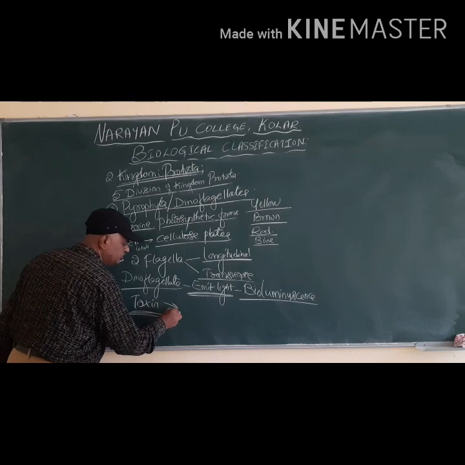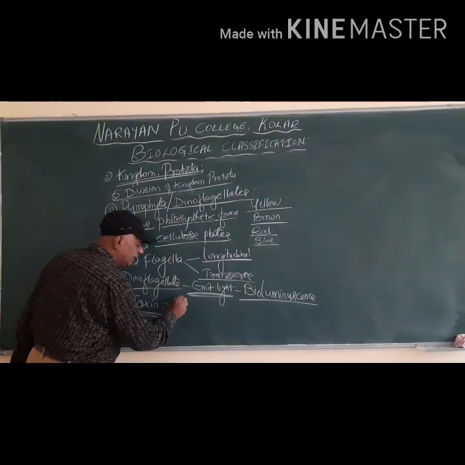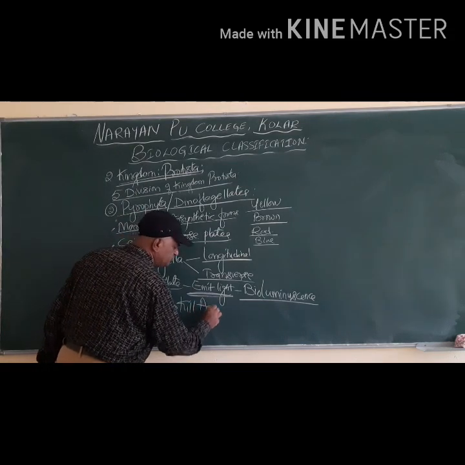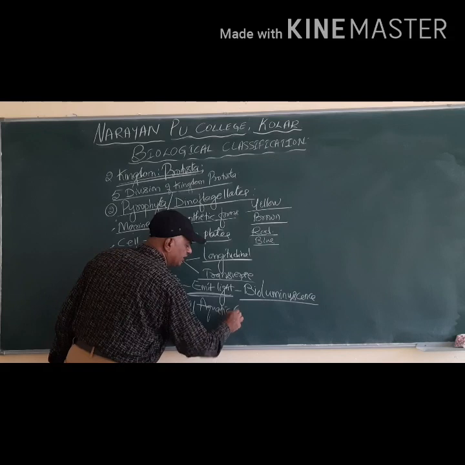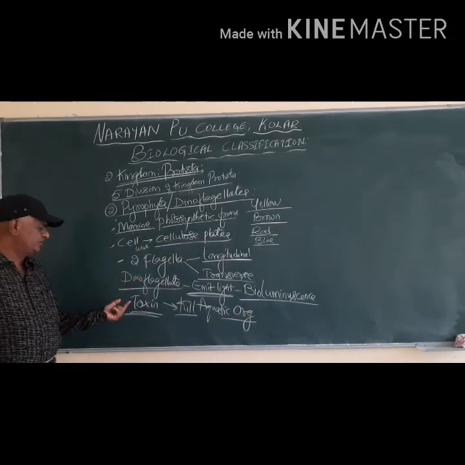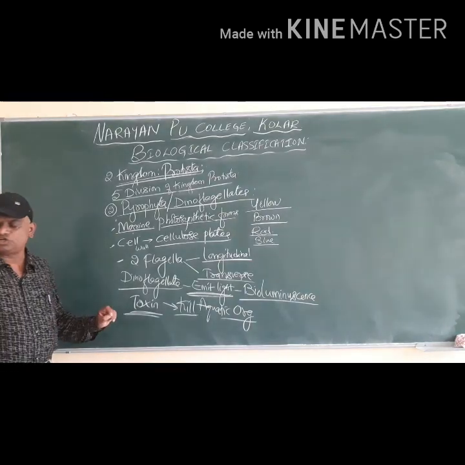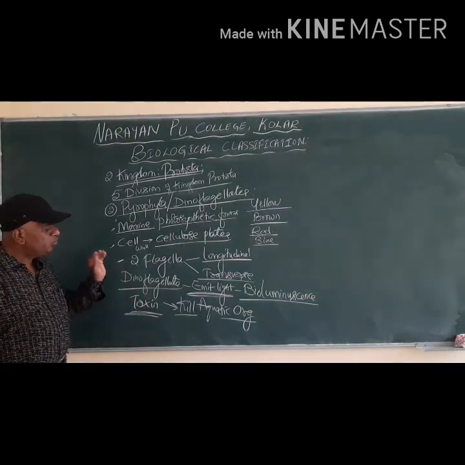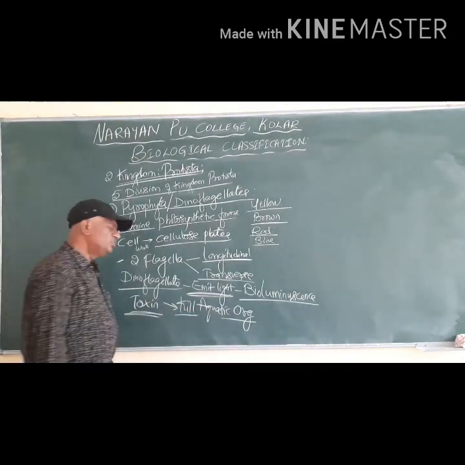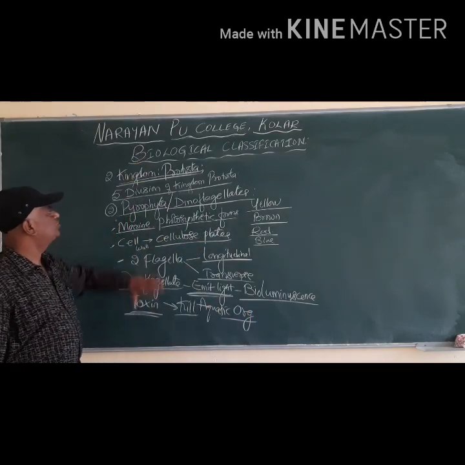These toxic substances enter into the water and kill microorganisms or aquatic organisms. I repeat this. The large dinoflagellates release toxins in the water. So this kills the aquatic animals, even fish, frogs or other animals.